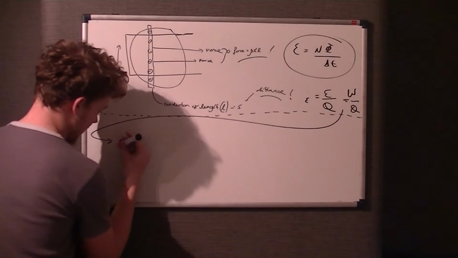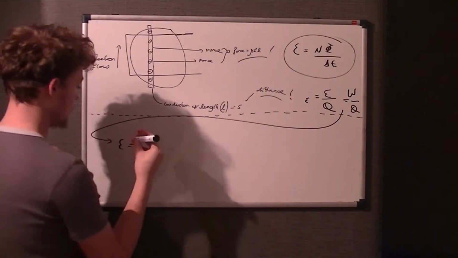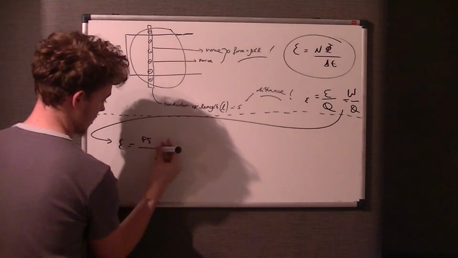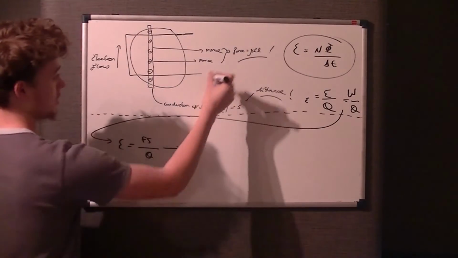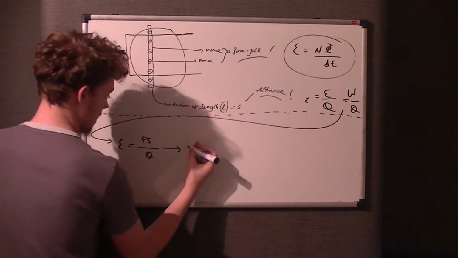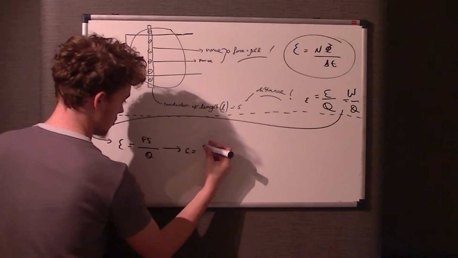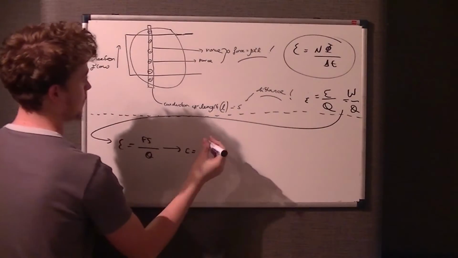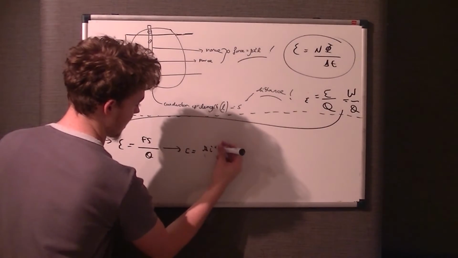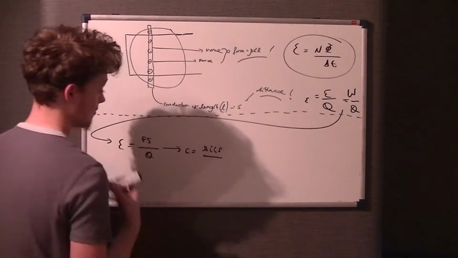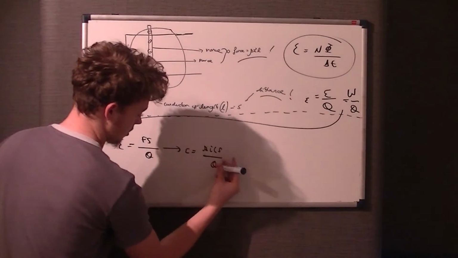Okay, so E is equal to W over Q, and W we said was force times distance, or Fs, over Q. Now we know the force is BIL, so the EMF is equal to F times S, which is BIL times S, or BILS, over the charge.